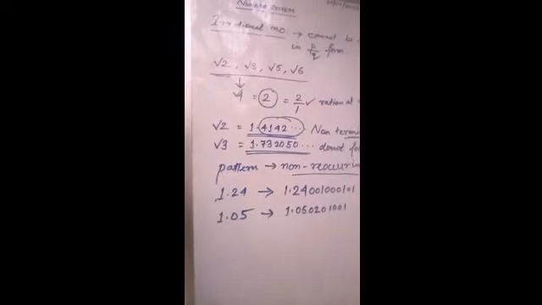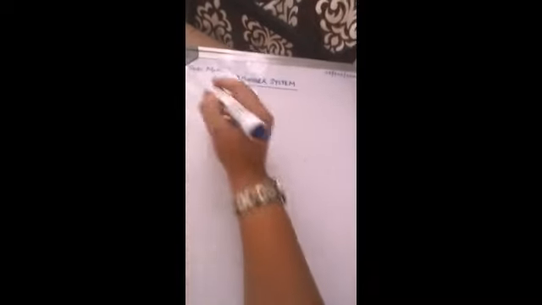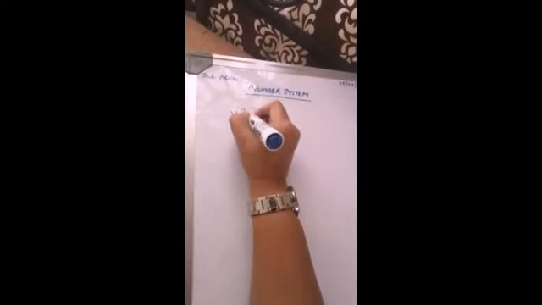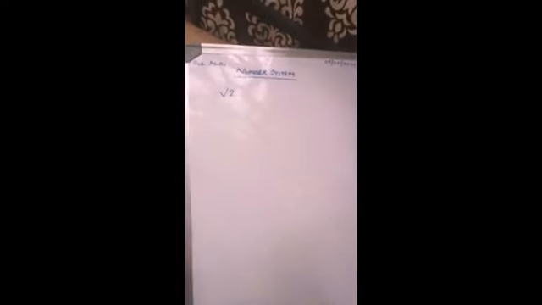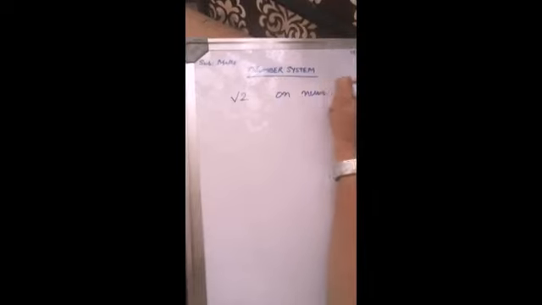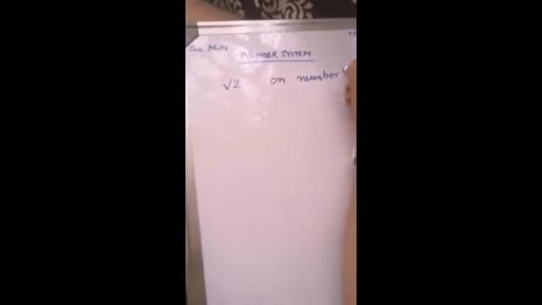Now if I say that you need to plot these irrational numbers on a number line, let us consider the first irrational number as root 2. If I tell you to plot root 2 on the number line, how will you do that?